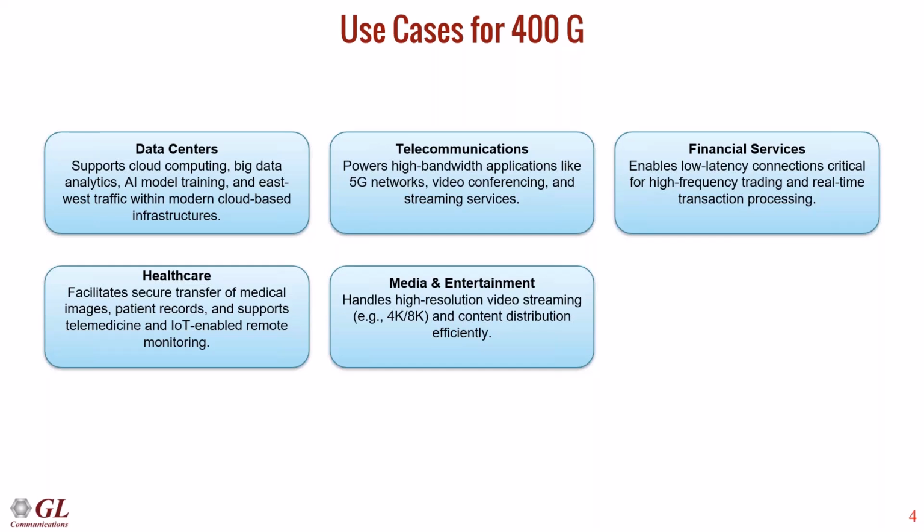So 400G is becoming ubiquitous. You don't see it at customer premises, like home networks, but you see it in the core networks.